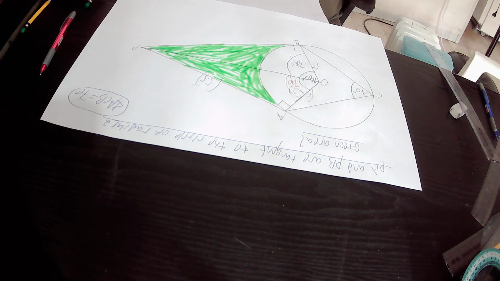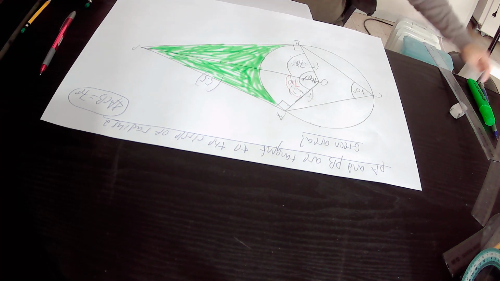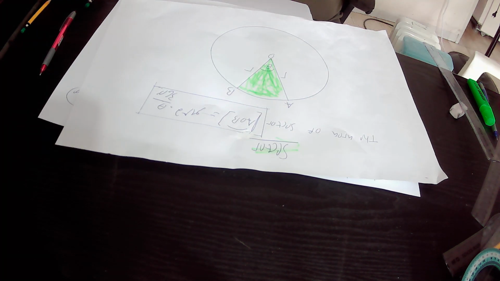So in the next step, I present to you the concept of sector. What is a sector? A sector is part of a circle. The green shape AOB is a sector.